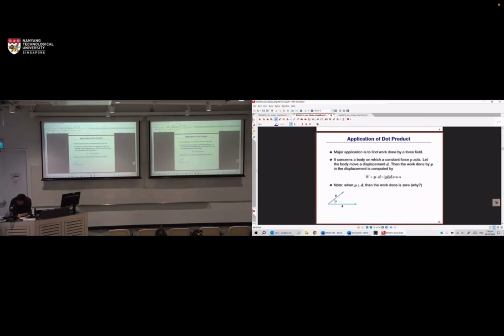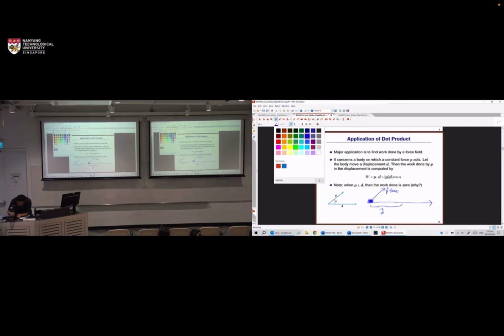So let's just draw a simple diagram. Let's say this direction. Your force is in this direction, acting on a passer, and then you move a displacement D. This one you learned in your high school days.